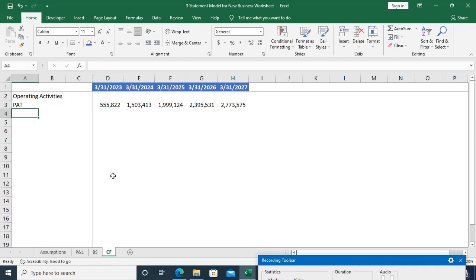Now what is the next item? Now then we will add the non-cash expenses, like depreciation.